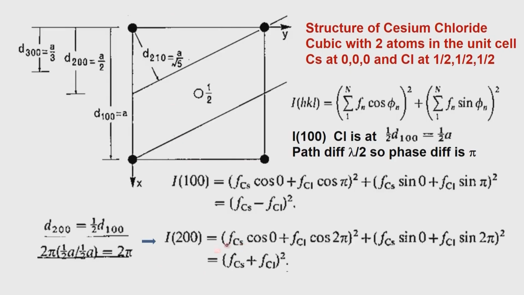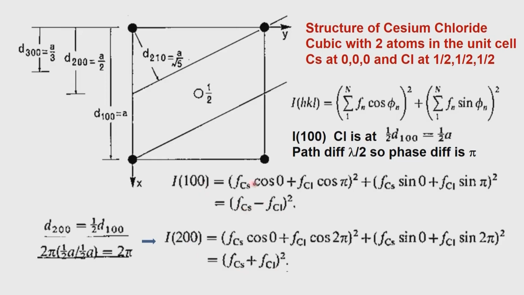However, the contribution to the intensity of 200 comes out as f of Cs plus f of Cl, squared. So, even though the individual values are lower, the contribution to I200 will be much higher because they are adding up, whereas in the 100 case the contribution is subtracting.